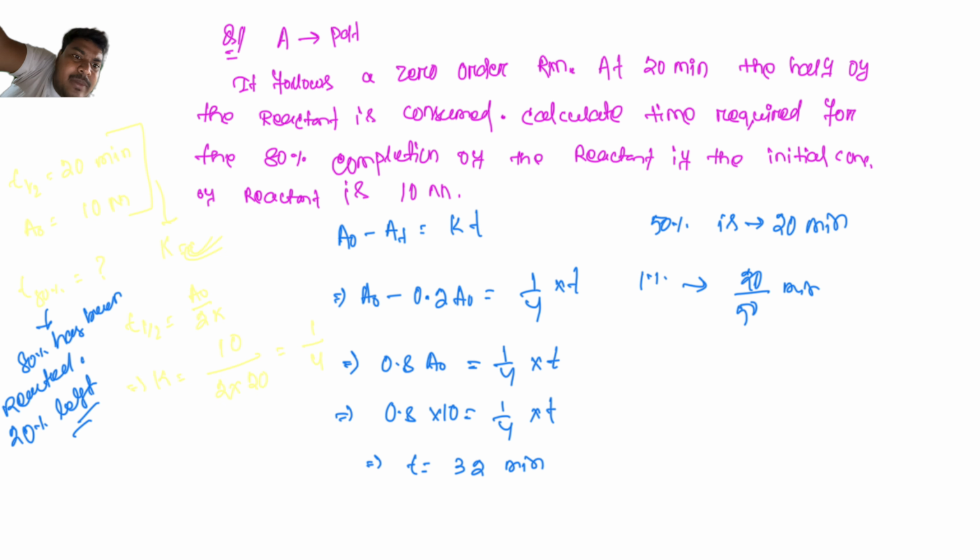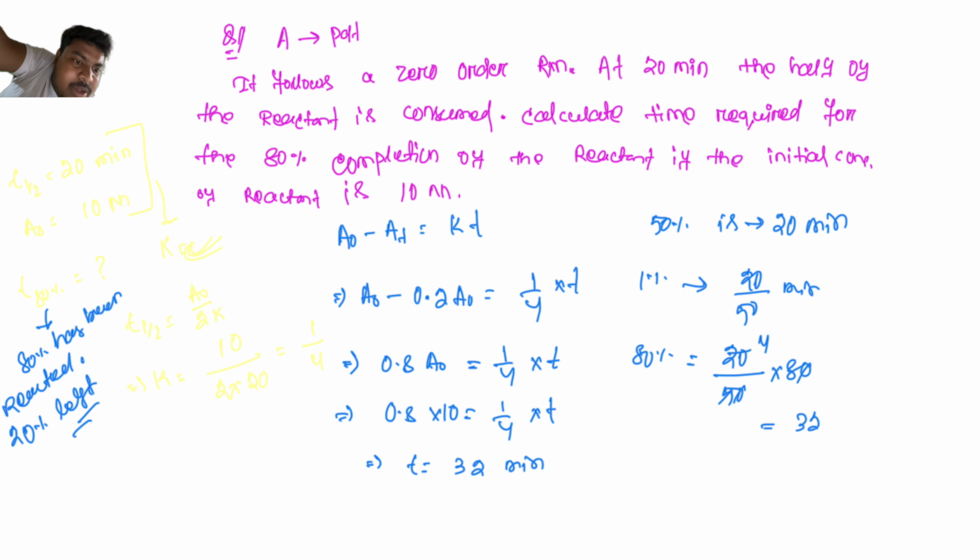For 80% we need to calculate the minutes. So for 80% it will become 20 by 50 into 80. Cancel out, so 5 becomes 4.